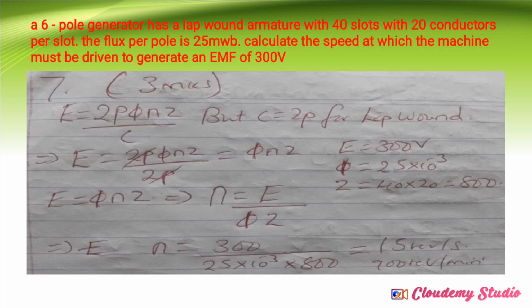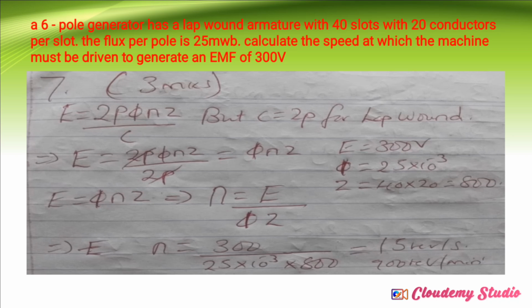That knowledge is also applied when dealing with slip for three-phase induction motors. So always remember that P represents the number of pairs of poles. Phi is the flux per pole. N represents the speed in revolutions per second, not per minute. Z represents the number of conductors, and then you divide by C.